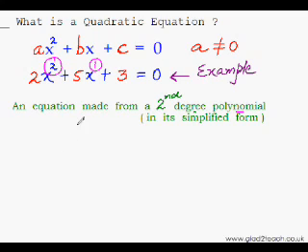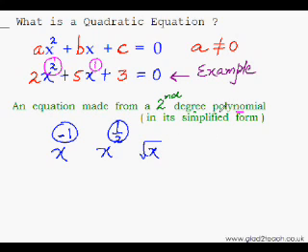But if there is any variable in this entire expression which has a negative power, like let's say x raised to power minus 1 or minus 2, whatever, any negative power, or it has a fractional power like x raised to power 1 by 2. This is another way of writing root x. Then it will not be a polynomial, and as a result it will not be a quadratic equation. I hope it is very clear.